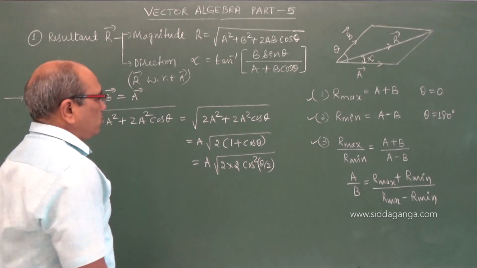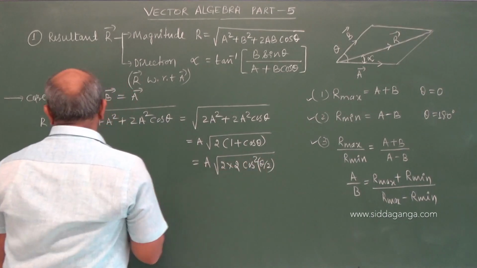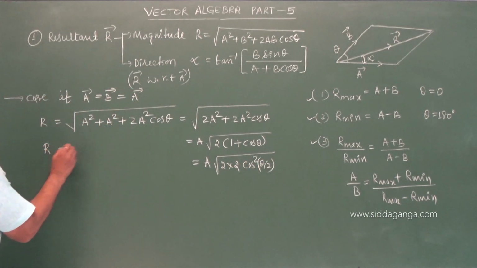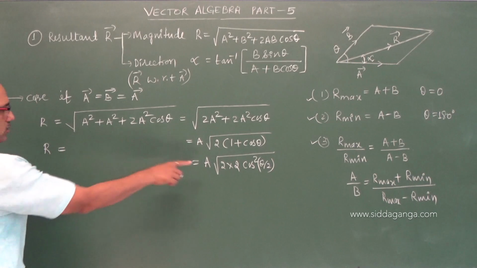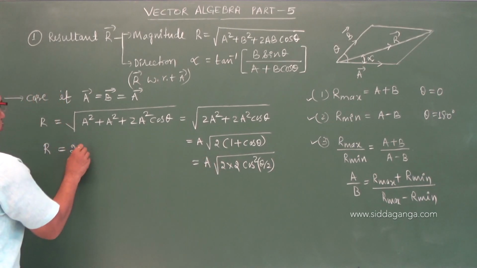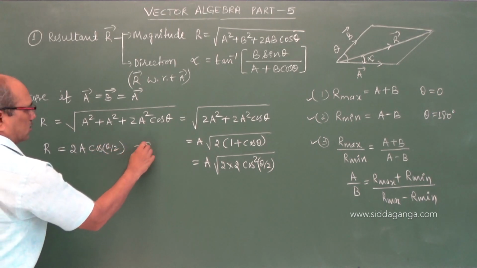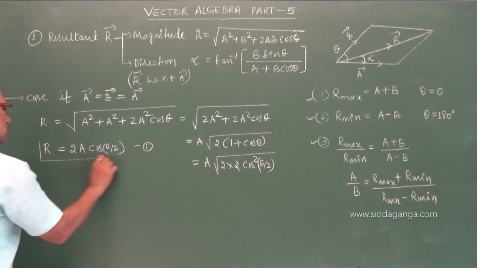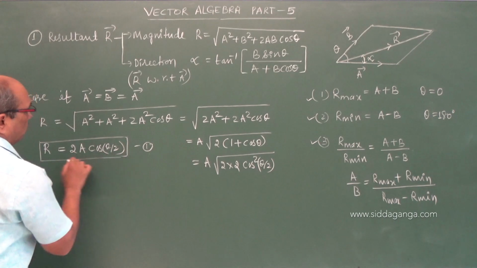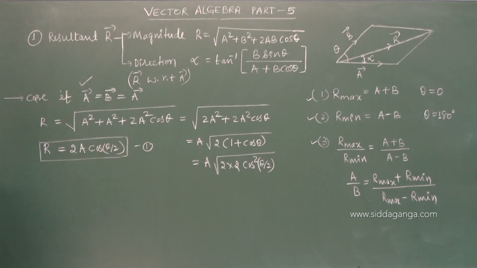So if you simplify this, the magnitude of the resultant is 2A cos theta by 2. This is the case when A equals B.